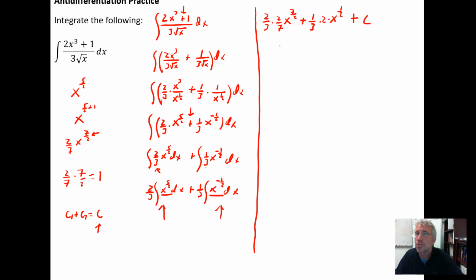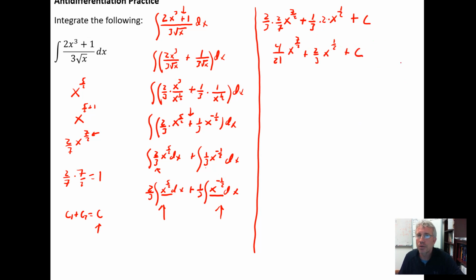So 2/3 times 2/7 is going to be 4/21, plus 1/3 times 2, whoops, getting ahead of myself, 4/21 times x to the 7/2, don't lose the variable term, plus 1/3 times 2 is just 2/3, x to the 1/2 plus a constant of integration.